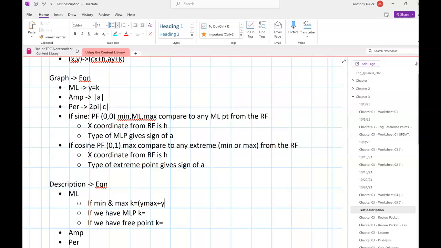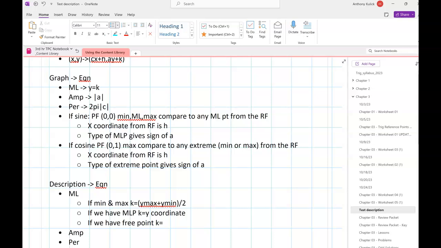Y max plus y min divided by 2. Just halfway in between the max and the min, the average of those two values. If I have a midline point, the k is just going to be the y coordinate, because I know the midline passes through the midline points.